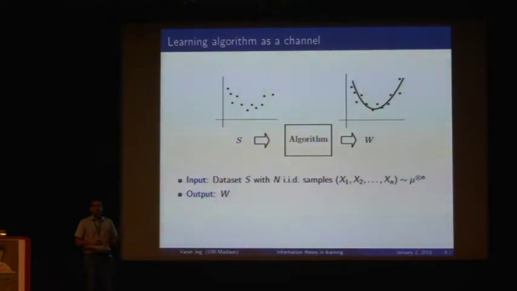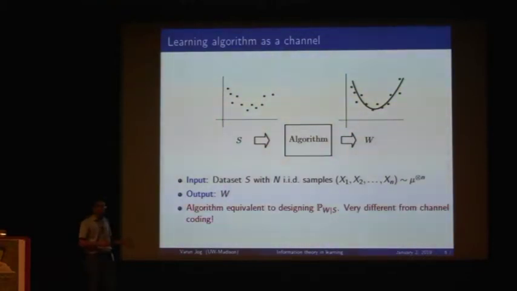You get to decide how the transformation from S to W is happening. So in that sense, it's very different from channel coding. It's related to some other concepts in information theory that I'll touch upon at the end. But I just want to say that the difference is S, the data set or the input to the algorithm, is not in your hands, that's just nature. But you can do anything you want in that box, the channel box, which is the algorithm, and produce that W.